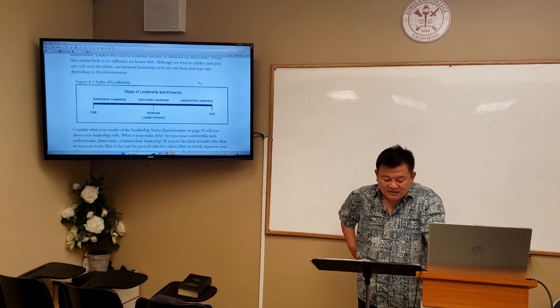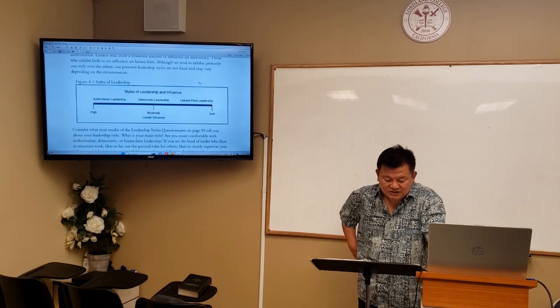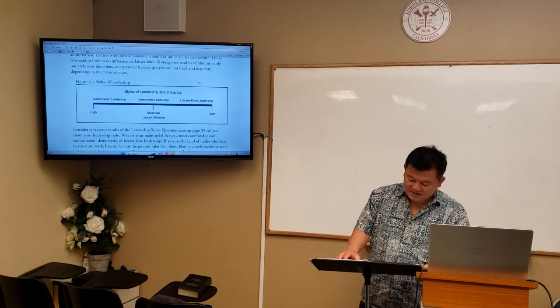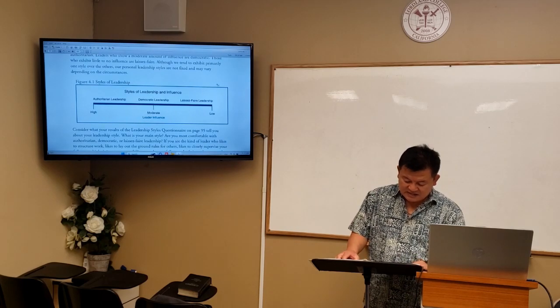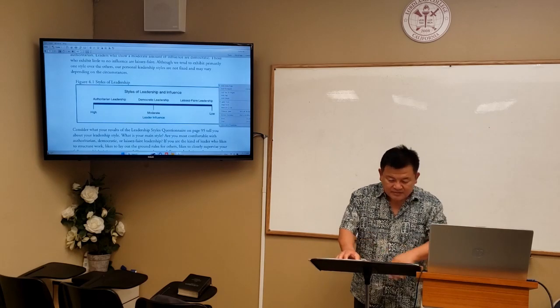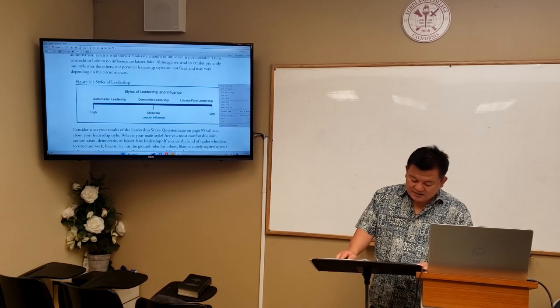Resembling theory Y, democratic leaders view followers as capable of self-direction, so they provide counsel and support. Laissez-faire leaders leave followers to function on their own, providing nominal influence and direction.